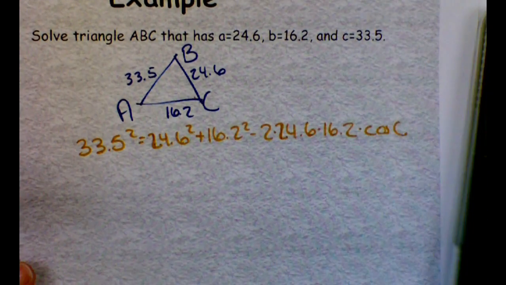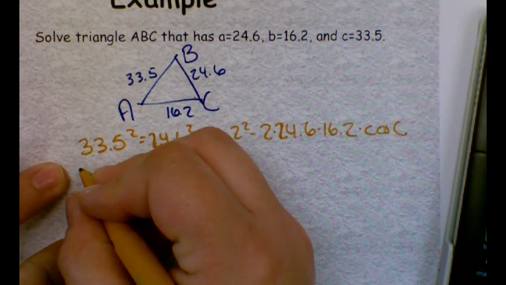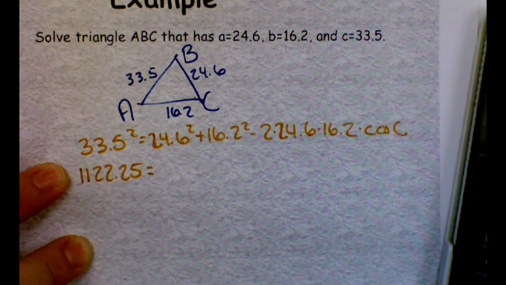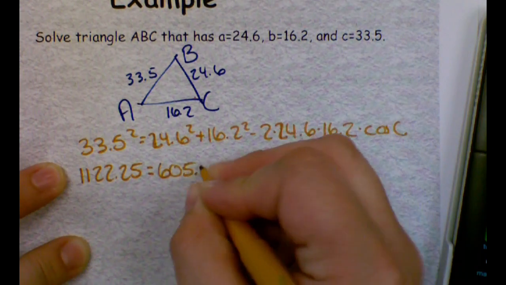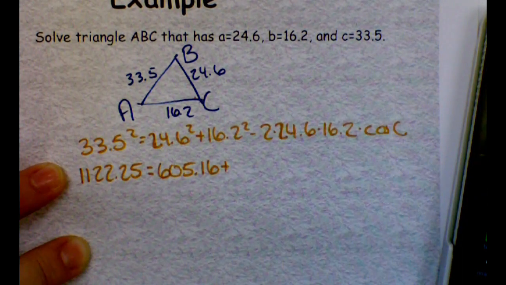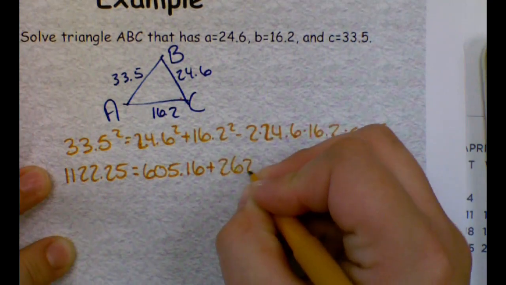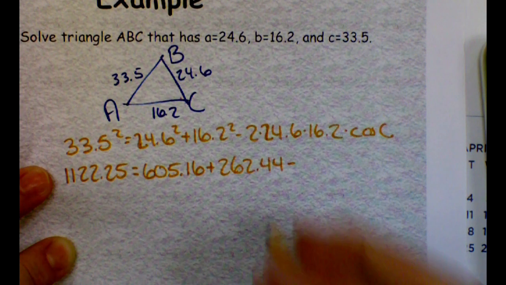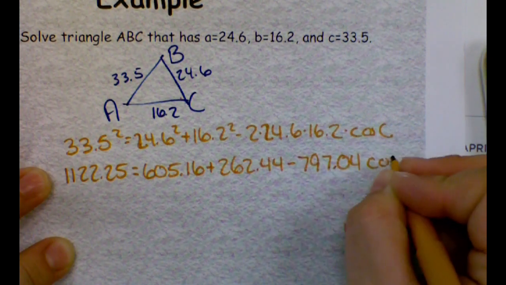Now these are the nasty ones where you have to do some work, some algebra. Square my numbers, I get 1122.25, 605.16, 262.44, 797.04.